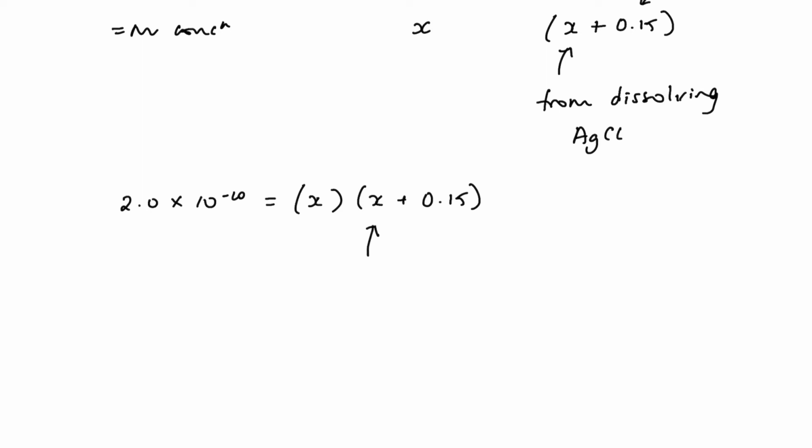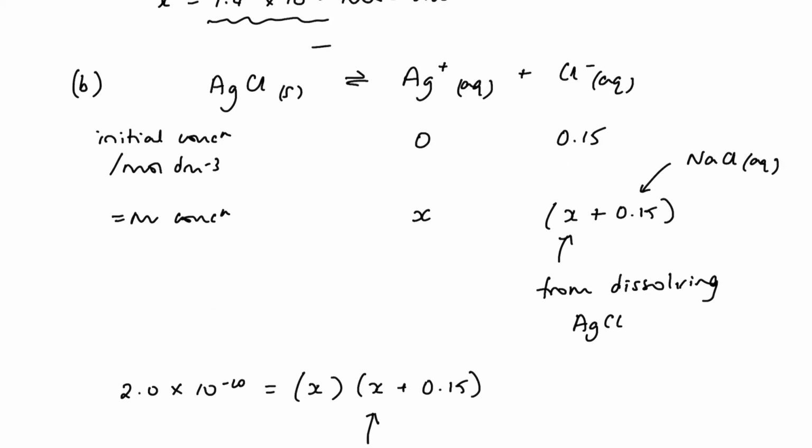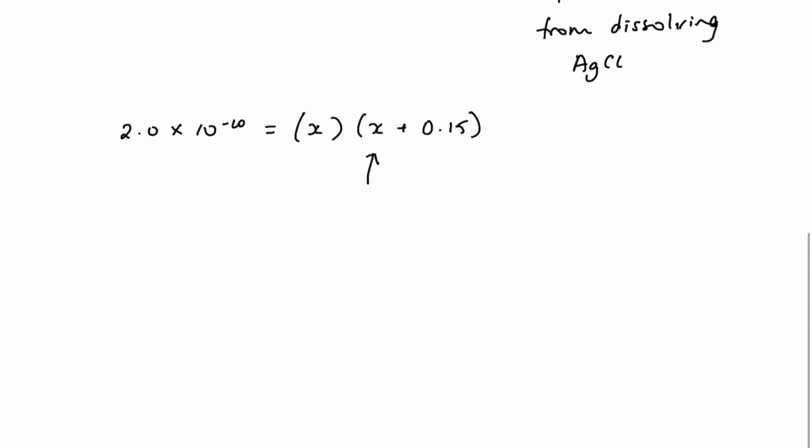And in fact, since we know the position of equilibrium is going to be shifted to the left in the presence of our common ion, this value of x is actually going to be a lot smaller than 1.4 times 10 to the minus 5. So we're going to assume that x plus 0.15 is essentially the same as 0.15.